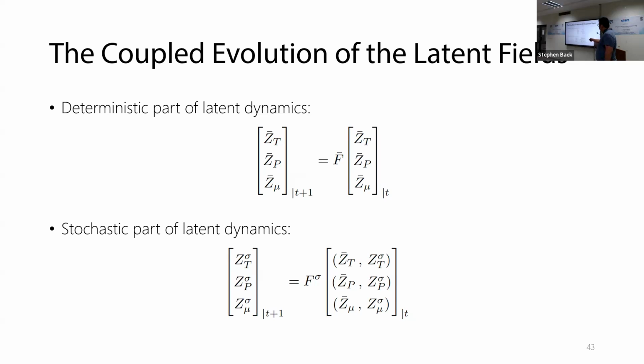We call the upper part the deterministic part of the latent dynamics, and the lower part the stochastic part of the latent dynamics. So Z bar and Z sigma are both evolving, and we're interested in learning the operators F bar and F sigma describing that evolution.